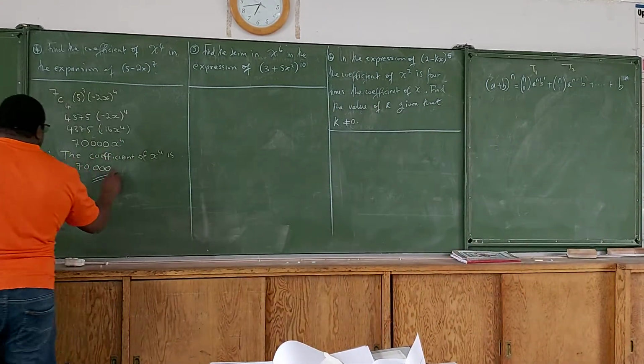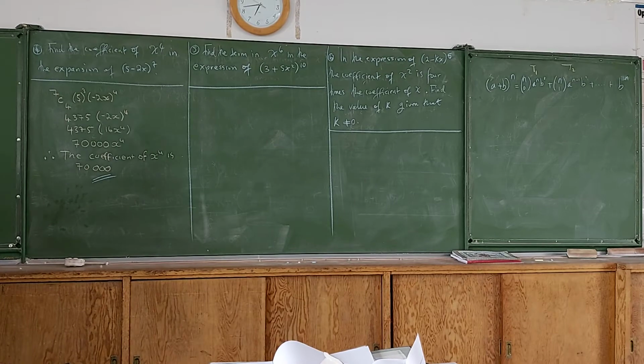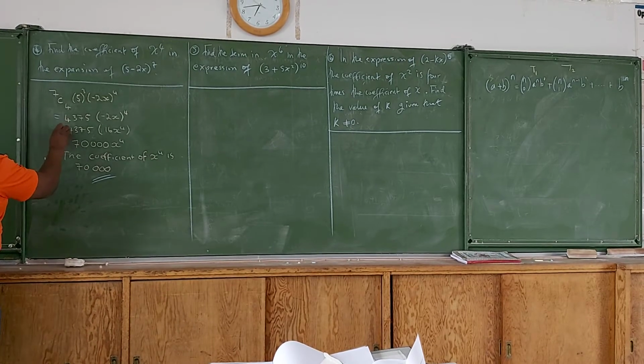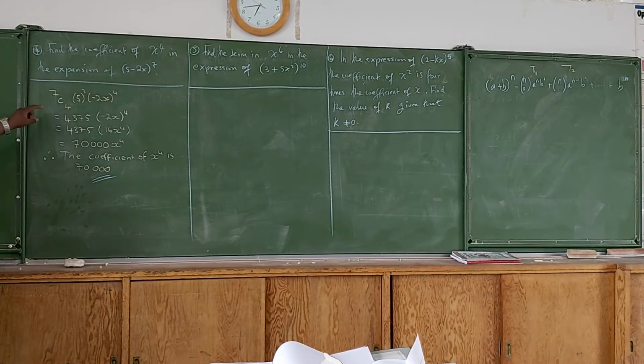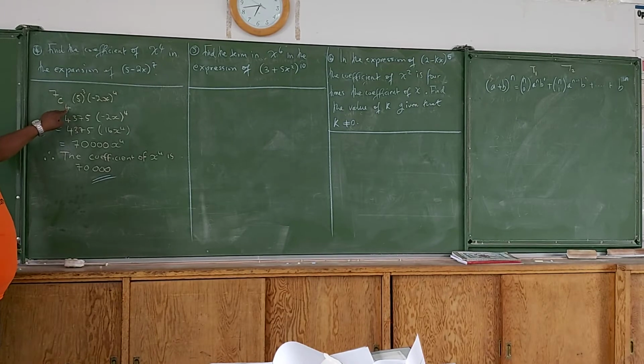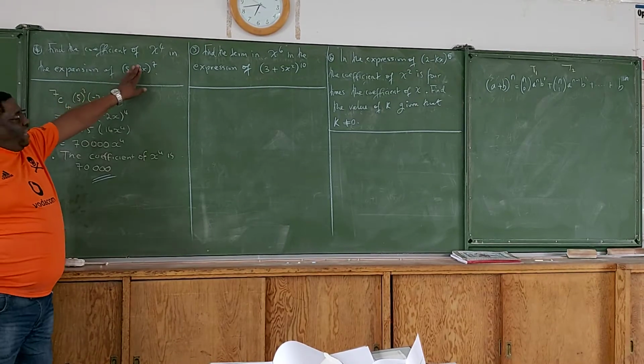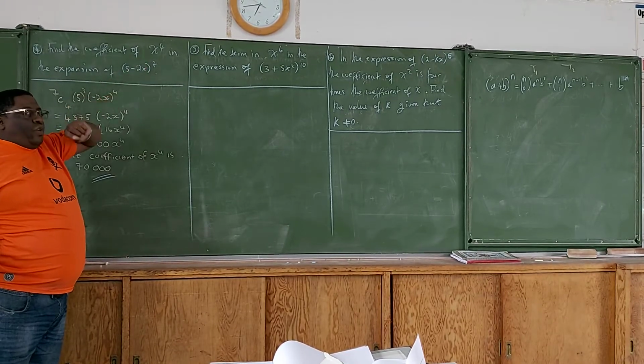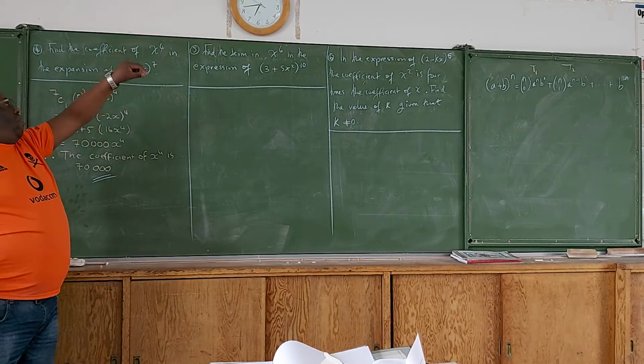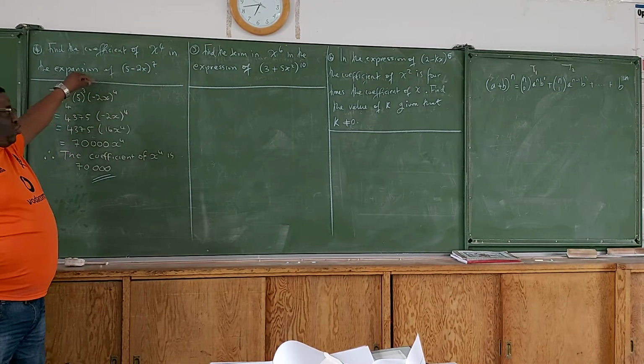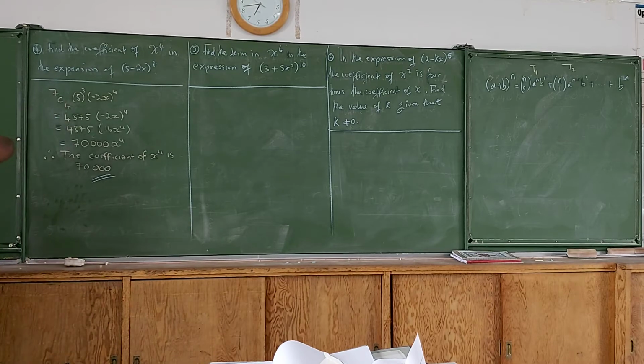Not bad. Let's consider our answer. Let's see what we have done here. So remember this, you are looking for this in x, right? This in x, for it to have a power of 4, it has to be 7C4.